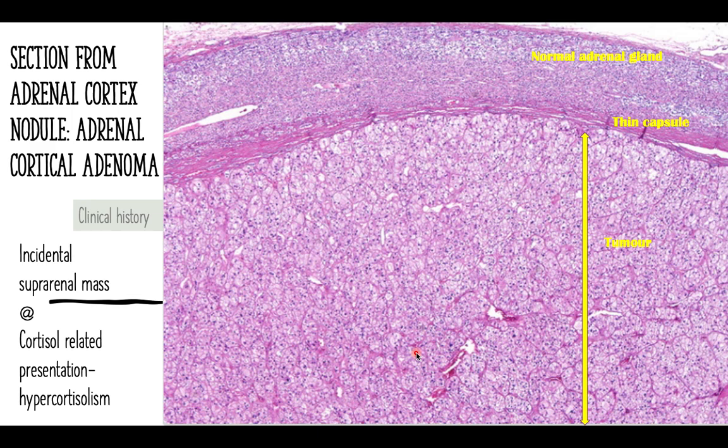The section from the adrenal cortical nodule shows a well encapsulated tumor with layers of normal cortex at the uppermost. The patient may present with an incidental suprarenal mass or with hypercortisolism.